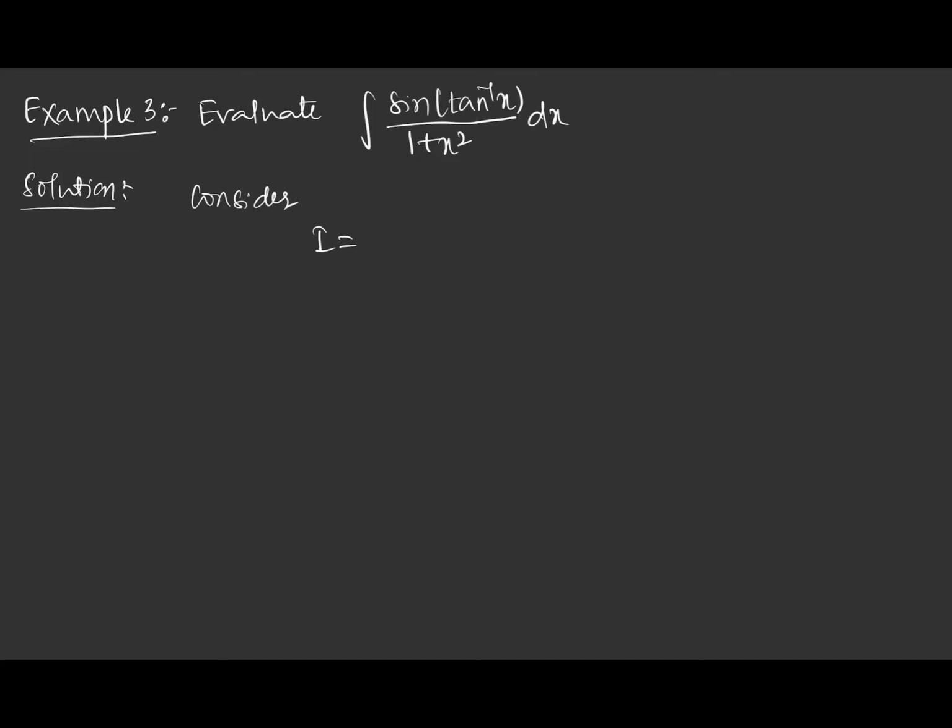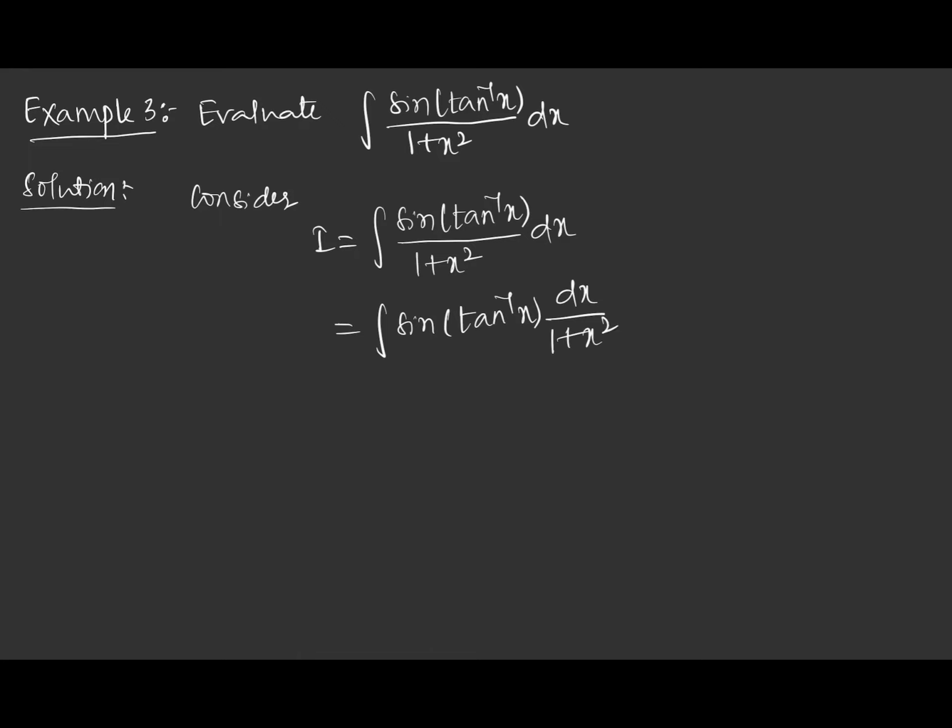Consider the given integral. I is equals to integration of sine tan inverse x by 1 plus x square into dx. To make the next step simple, I will rewrite the same integral as integration sine tan inverse x into, I will send the denominator 1 plus x squared with the dx, so it will become dx by 1 plus x squared. So let us put tan inverse x as some t.